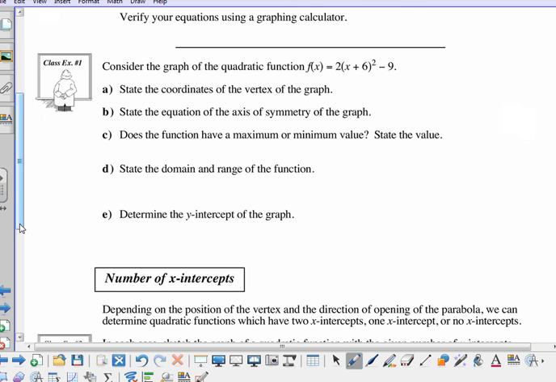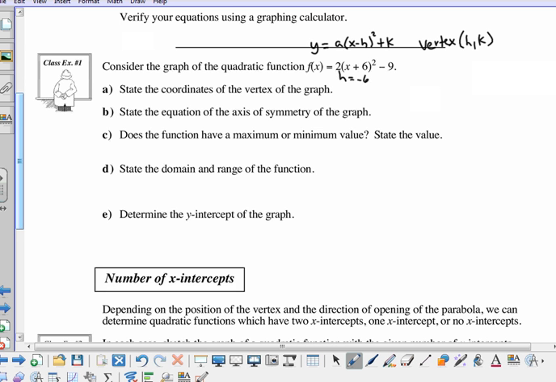Okay, so this guy, looking at the equation, you should be able to look at it and figure out the vertex, the minimum value, all that stuff. So state the coordinates of the vertex. Remember, we're comparing it to this equation: y equals a times (x minus h) squared plus k. That is on your formula sheet, that general form. Where's the vertex of that formula? H comma K. So what would my H be here?